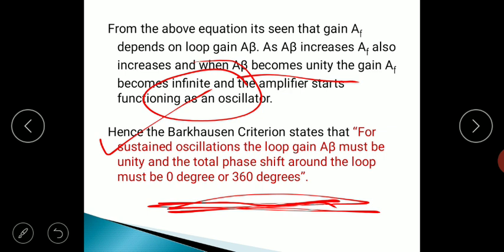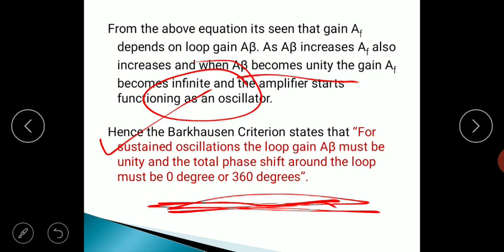Then you make the comment from the above equation, it is seen that the gain depends on A beta, and as A beta increases, gain increases, and when A beta becomes unity, the denominator becomes 0 and the gain A_F becomes infinite, and the amplifier starts functioning as an oscillator. And then you should write the statement of the Barkhausen criteria. That is how you have to do when it is asked to explain what is Barkhausen criteria.